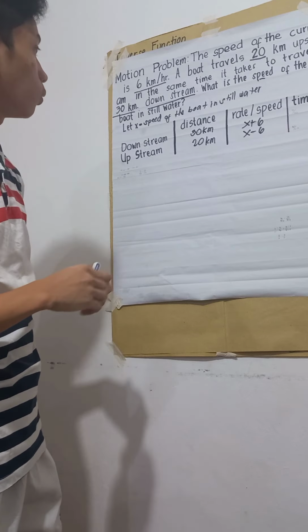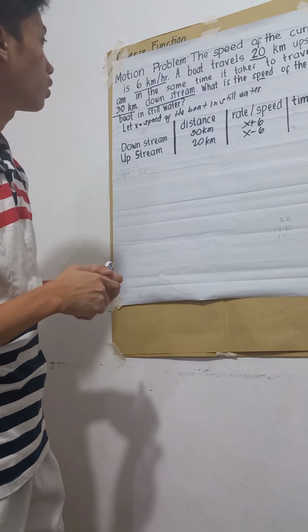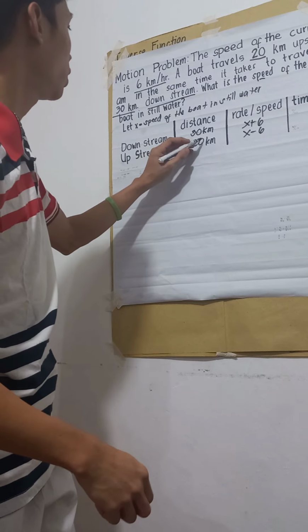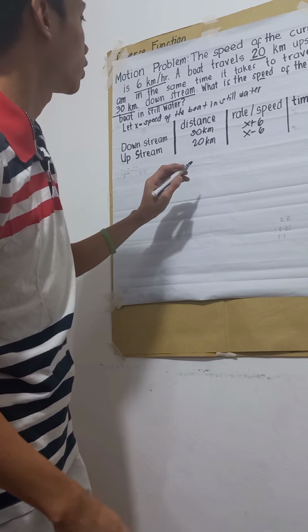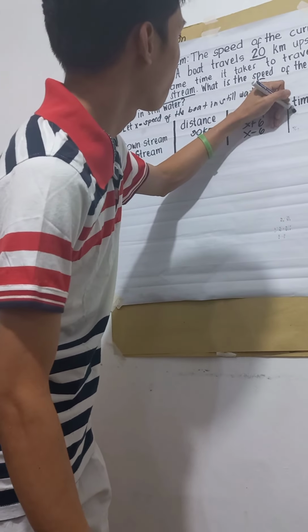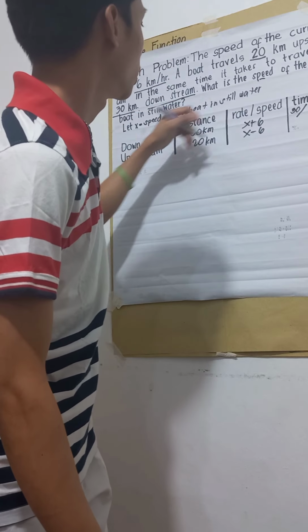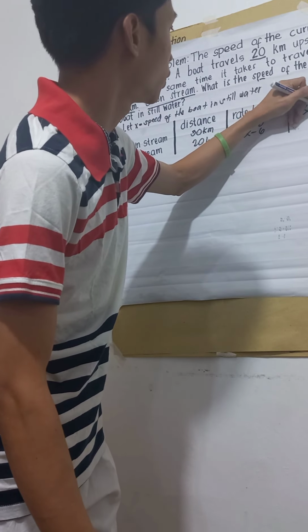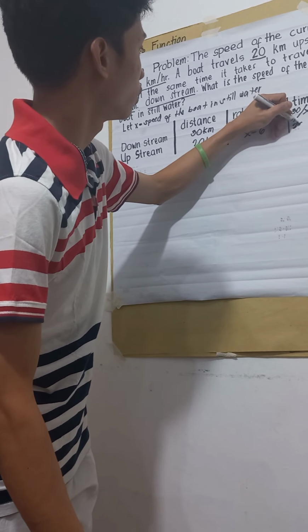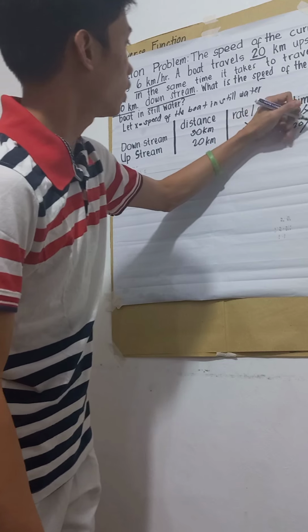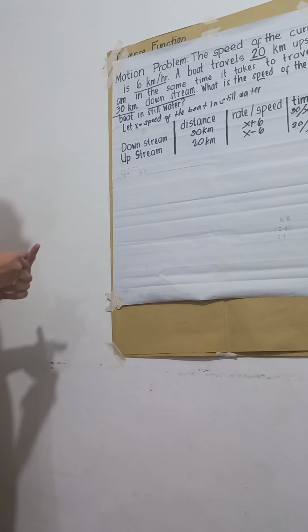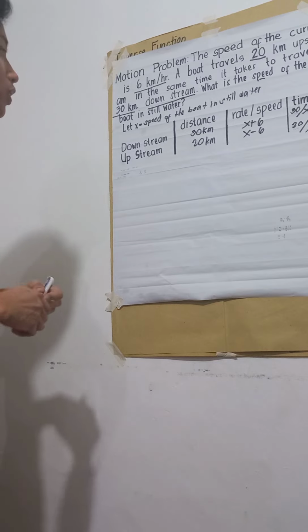Next, we're going to make a formula for time. So that would be distance divided by rate or speed. So that would be 30 divided by x plus 6. Next one, 20 divided by x minus 6. That's now our table.